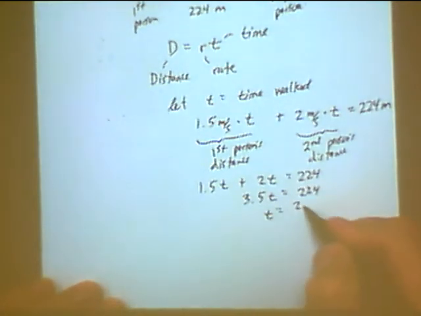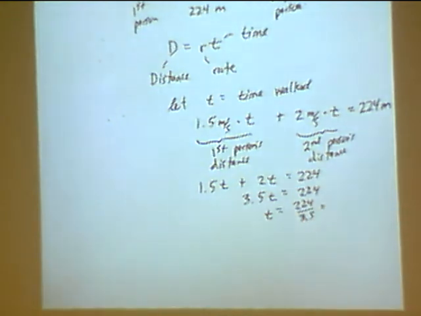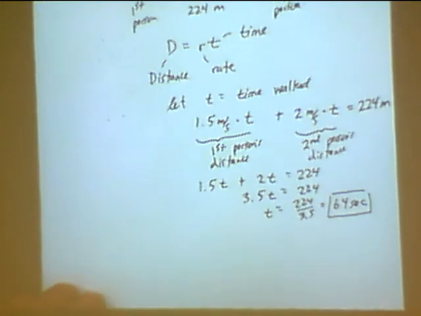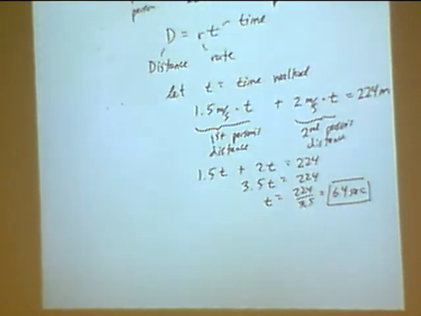So t equals 224 divided by 3.5. And as it turns out, that equals 64 seconds. So they each walked 64 seconds before they met.